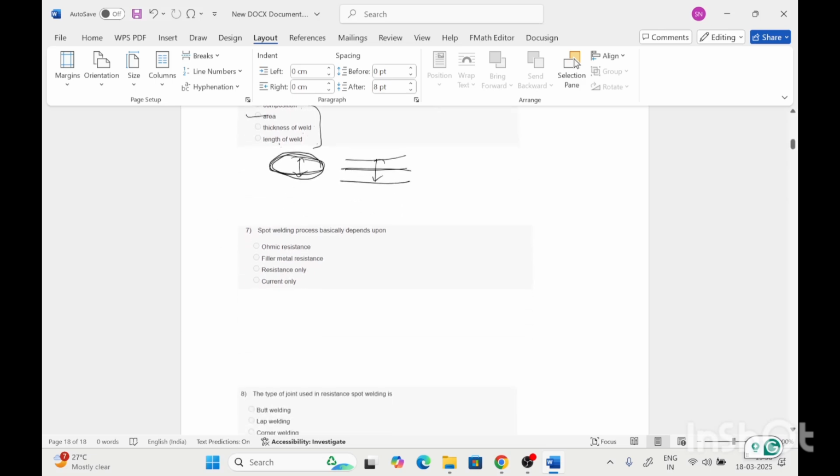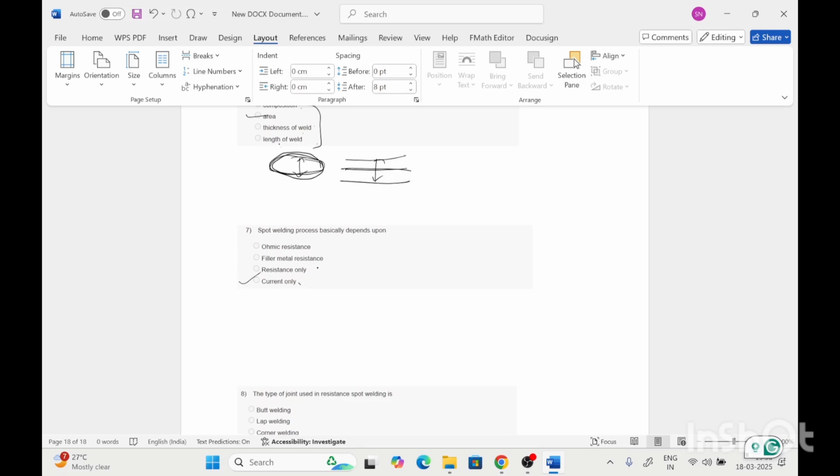Next question: a spot welding process basically depends upon. In this question also the last option is correct, which means current only.